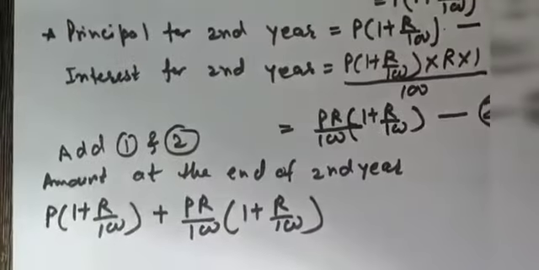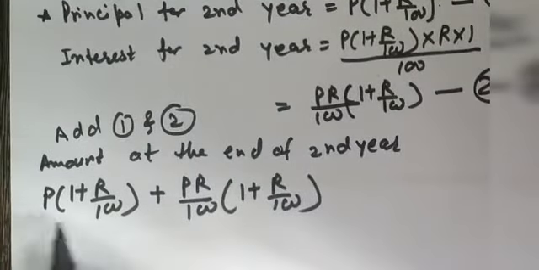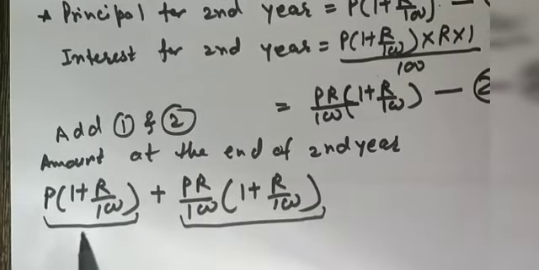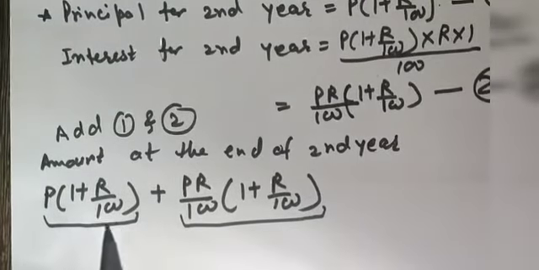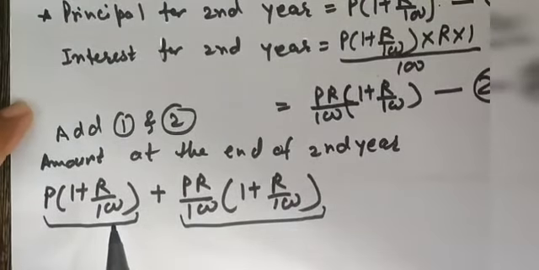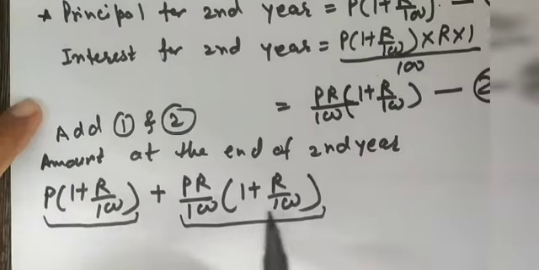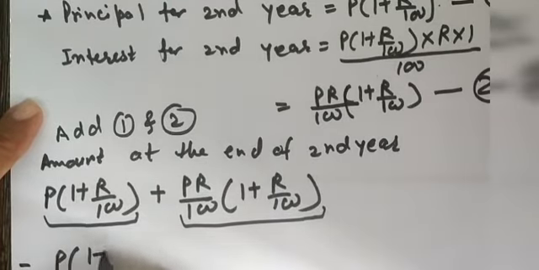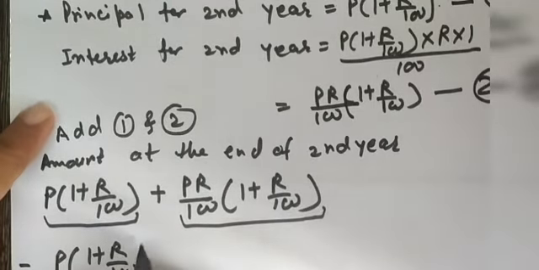Now it's like an algebraic expression in which we are having two terms. First term is this one and the second term is this one. Now we will take out the common things. Whatever is common in the two terms, we will take it common. So I can see 1 plus R upon 100 is in both terms and P is also in both terms. So I am taking this common, P into 1 plus R upon 100.